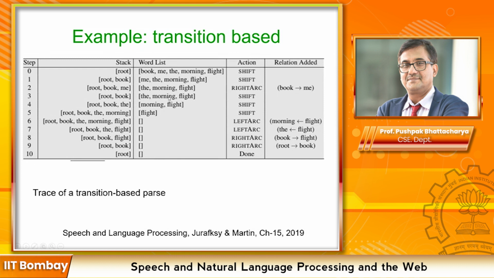So surely when flight comes onto the stack, it will have to wait, because morning and the, which are the modifiers for flight, will also come to the stack, and then they will be linked, and the modifiers will disappear from the stack, leaving book and flight on the stack. That will lead to setting up the dobj relationship between book and flight. So you see, it is important to first cover all the dependents or all the modifiers.